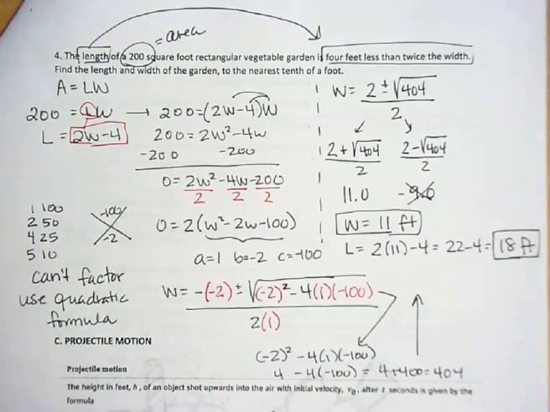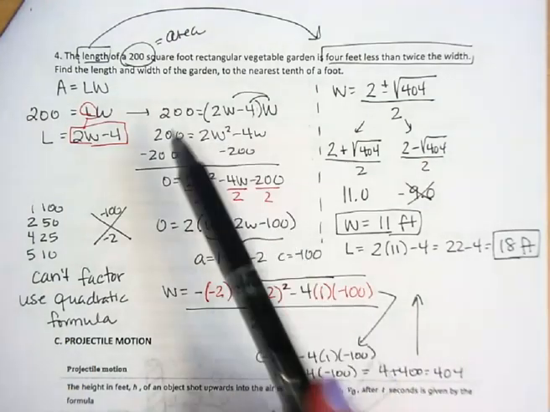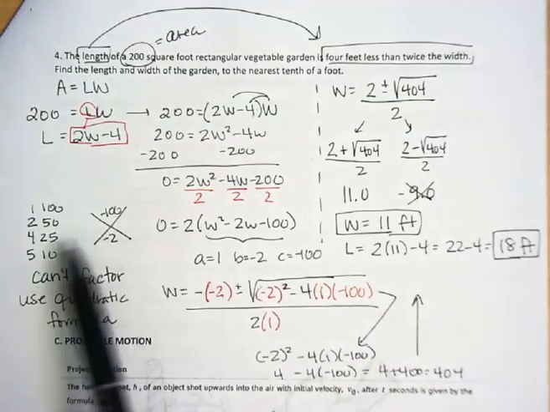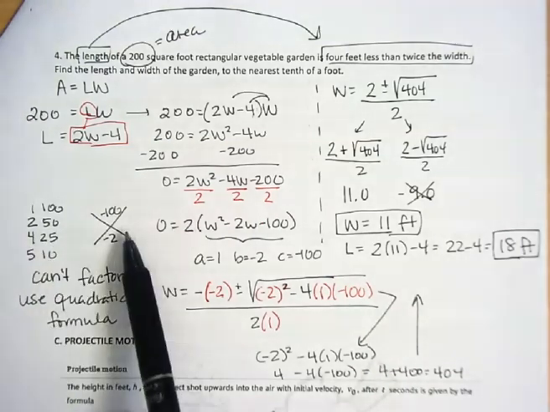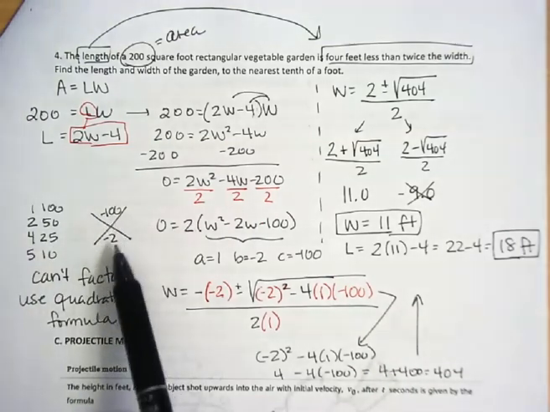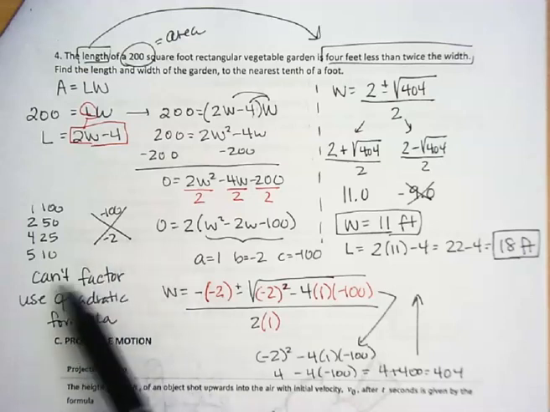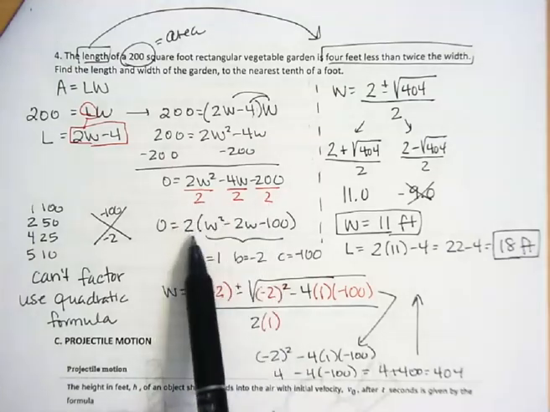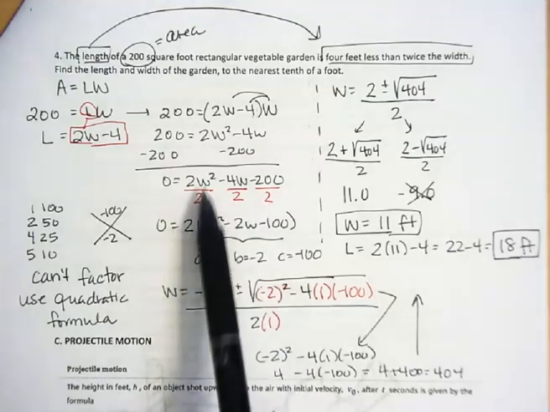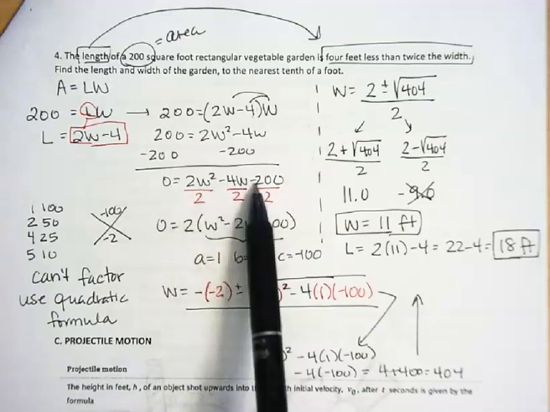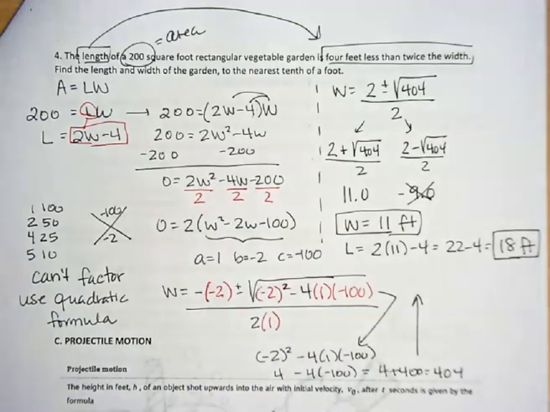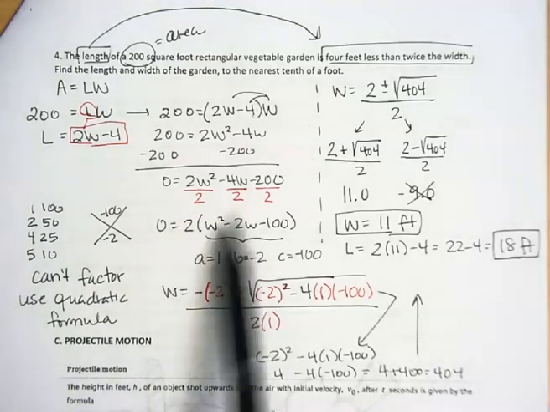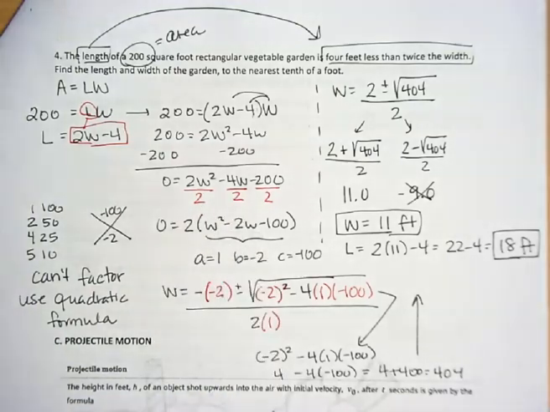All right, here is my work. We had a similar situation where I tried coming up with factors that multiply to negative 100 and add to negative 2, and I couldn't. So since I couldn't factor, I used quadratic formula. Notice I pulled a GCF out of 2 here. That's not necessary. You could have used these numbers for your quadratic formula and you'll still get the same answer. So it's not necessary to do GCF, but I did.